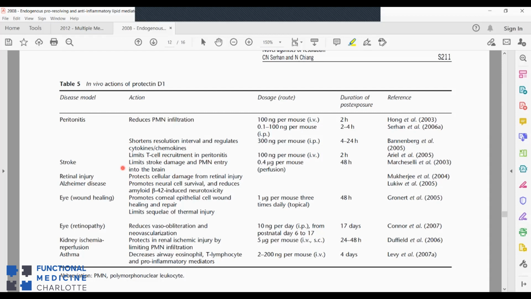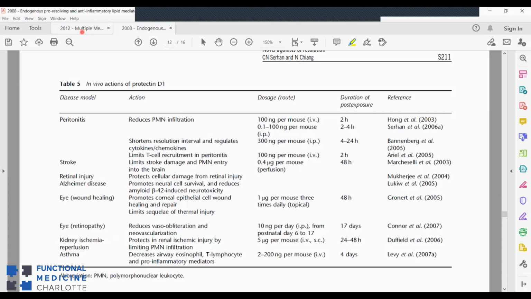We want to be sufficient ahead of time. Prophylactically optimal levels will protect us from worse damage when and if we sustain an injury. Protectin D1 protects the retina in Alzheimer's disease. It promotes brain survival. Okay, so lots of help with eyes, kidneys, lungs.